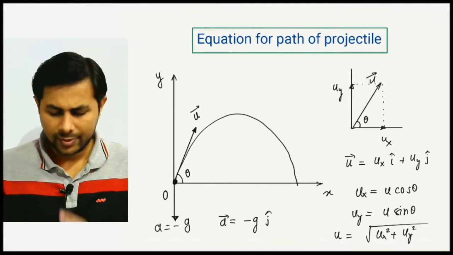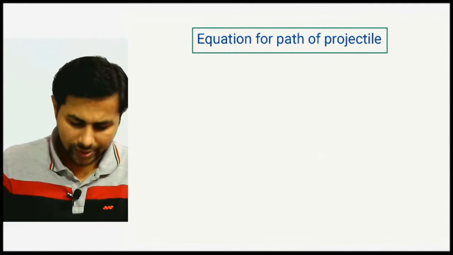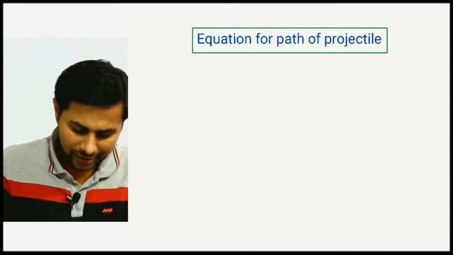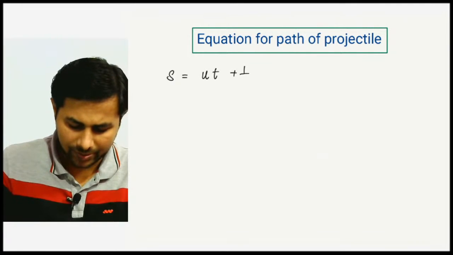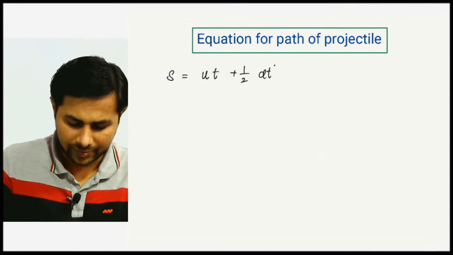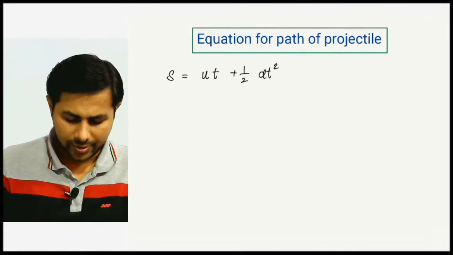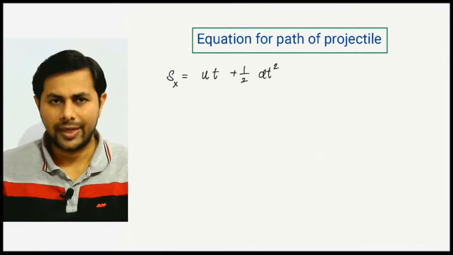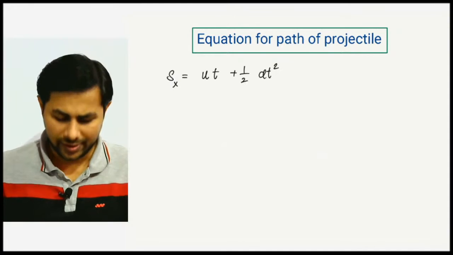Now let's find an equation for the path of this projectile. So let's recall the second kinematic equation of motion. It says s equals ut plus half at squared. Alright, so we can write this for the motion in the x direction as well as in the y direction, because acceleration is not changing.